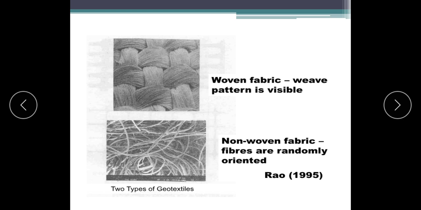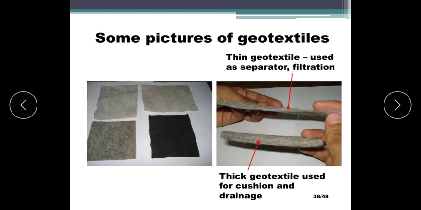We classify geotextiles into two categories: woven fabric, where you can observe the weaving pattern like our cloth materials, and non-woven, where the fibers are randomly oriented. These are manufactured by a knitting process or maybe a bonding process. If you observe, there are some pictures I have shown here.